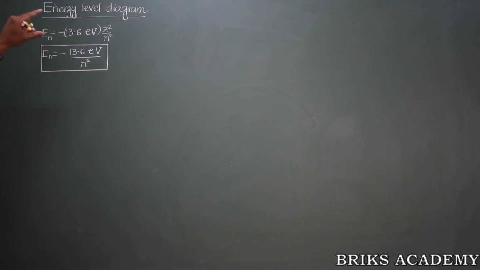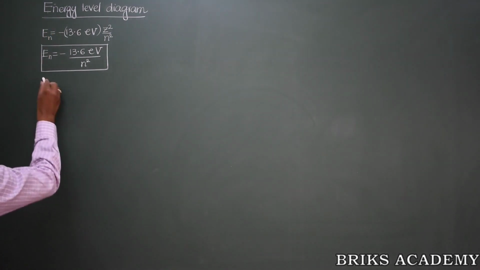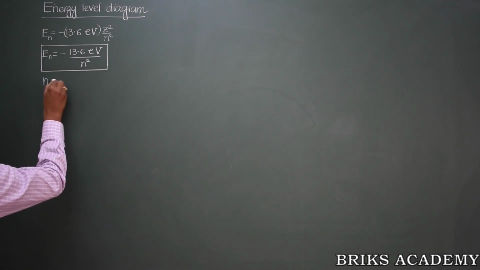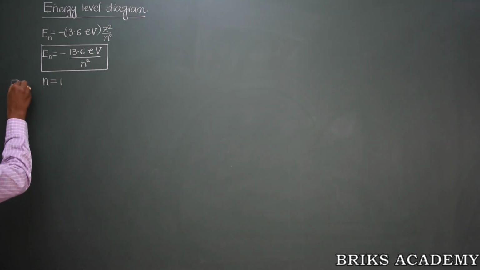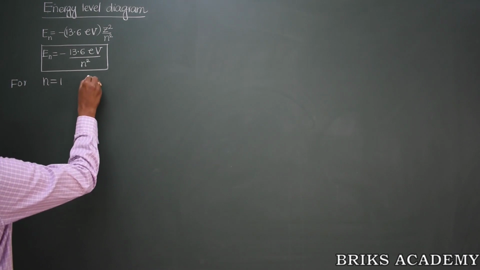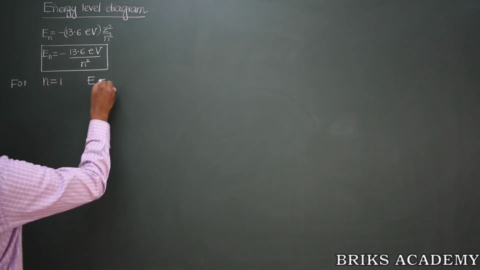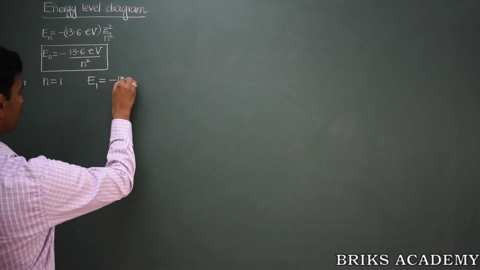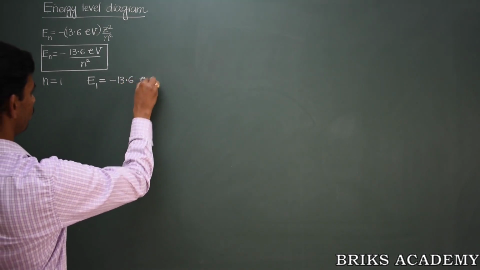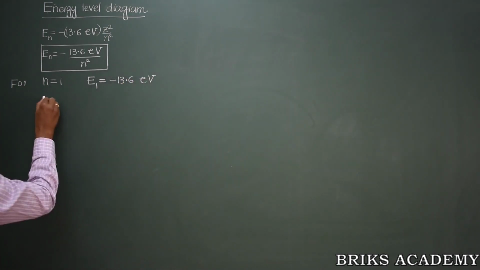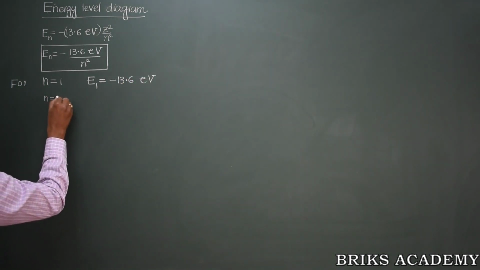This variation we can understand from the energy level diagram. Right now, for n equal to 1, we know the energy of the electron in the very first orbit is minus 13.6 electron volt. We will take one more orbit here, n equal to 2.